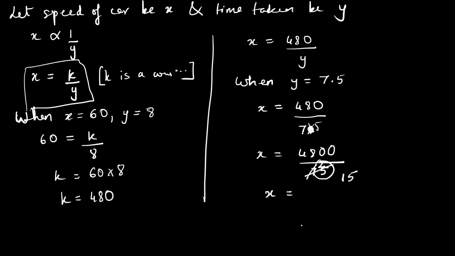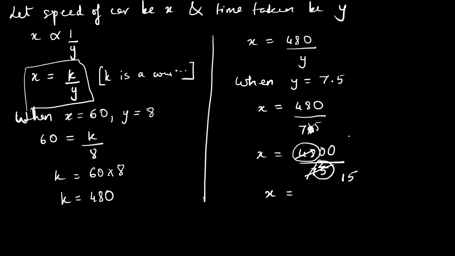Correct. 15 has come. Now first do this 48. 7 how much the 48? 48 no, think less. Sorry, I made a mistake. I meant 5. 5 how much the 48? So 45.